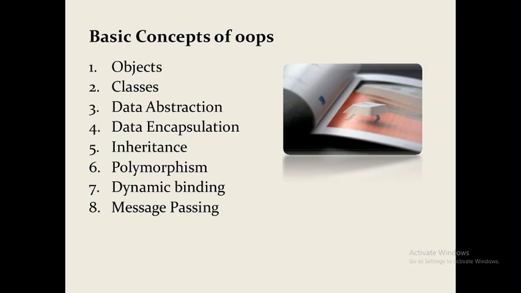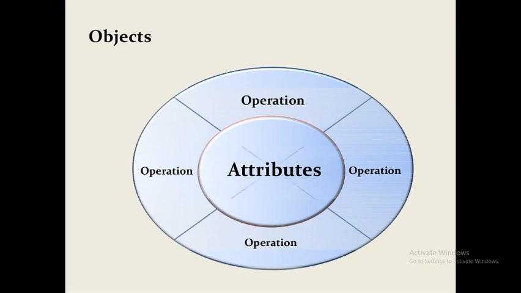An object is anything which has certain properties or which can perform certain functions or operations. That particular entity can be defined as an object. When I'm talking about objects, they have some attributes like, let's say, color, size, number of tires.